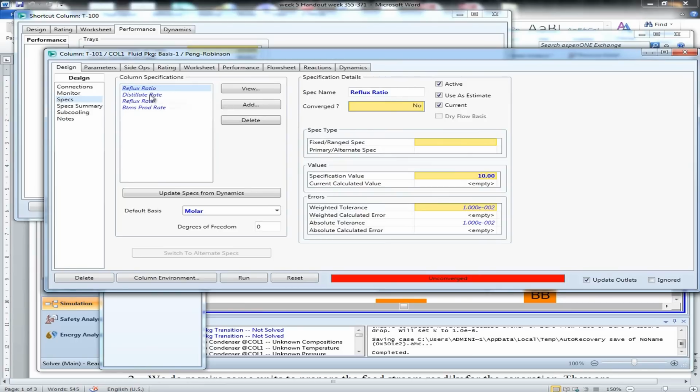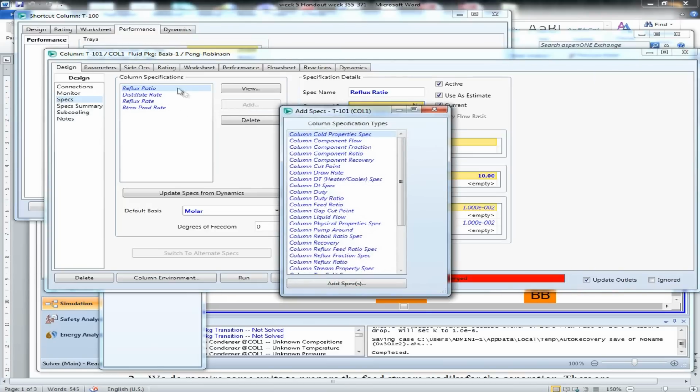In this case, the default tells us about the distillate rate and reflux rate, and also the product in the bottom, how much we can get. So let's add that. We can leave it that way. So we work on the column component fraction here.